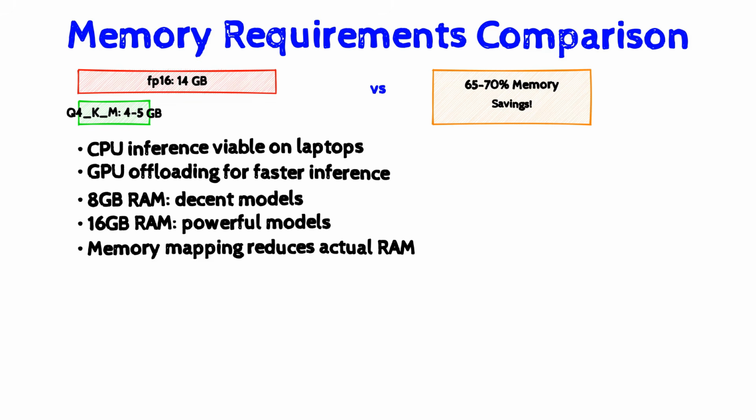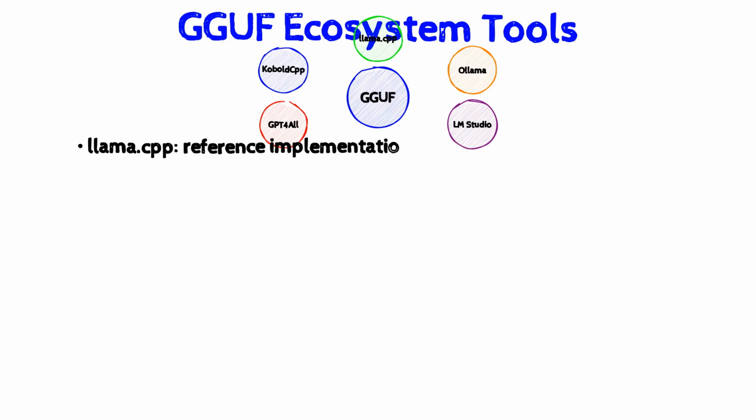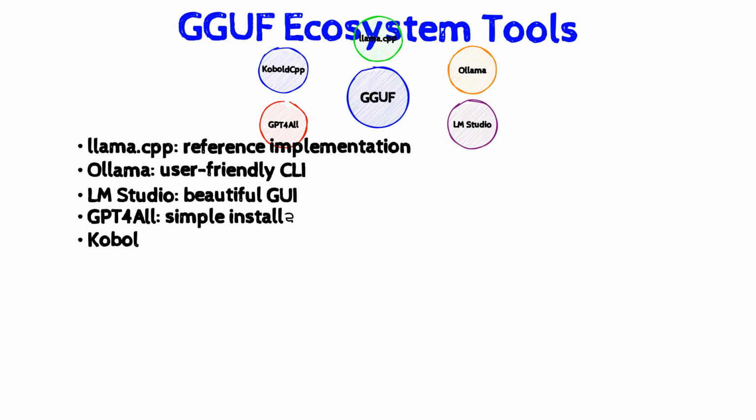The GGUF ecosystem is rich with tools that support the format. llama.cpp remains the reference implementation and the most feature-rich option, offering maximum control and customization. Ollama provides a user-friendly command-line interface and model management system, making it easy for beginners.